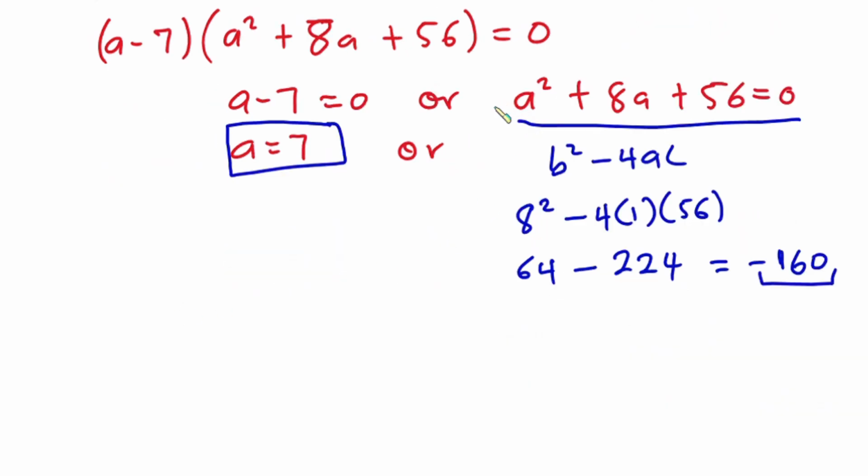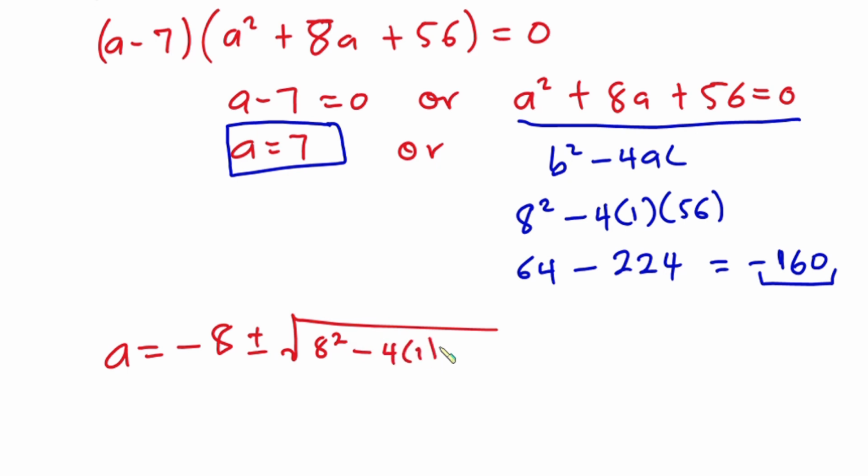If you're interested in finding the complex solutions for this quadratic equation, it's pretty simple, right? We have a is equal to minus b, where b is 8, then plus or minus square root of b squared minus 4ac, where b is 8, a is 1, then c is 56, all divided by 2a, we have a to be 1, so we have 2 here.